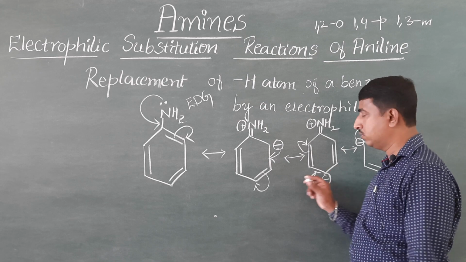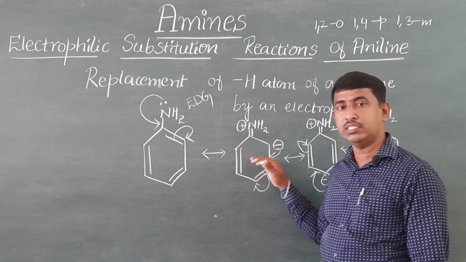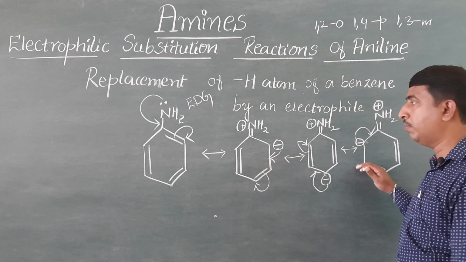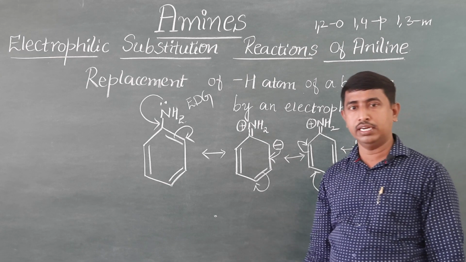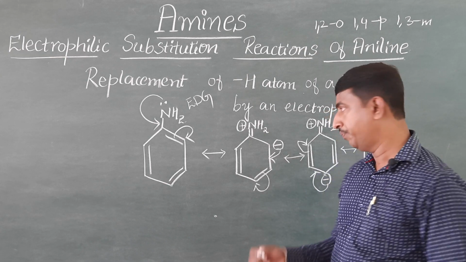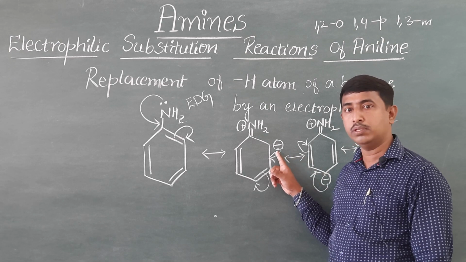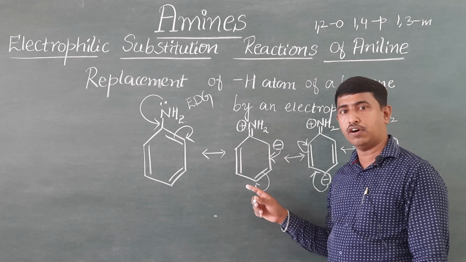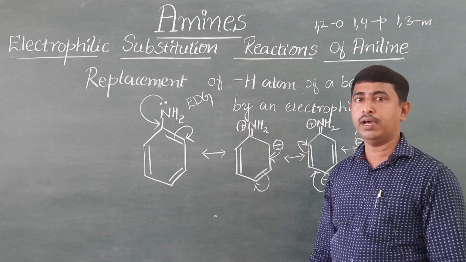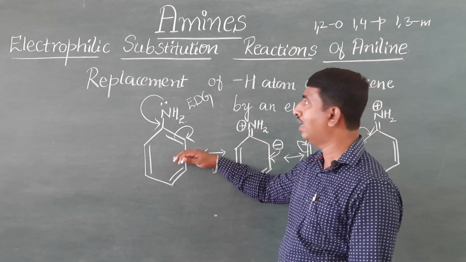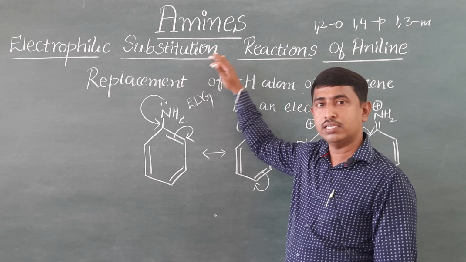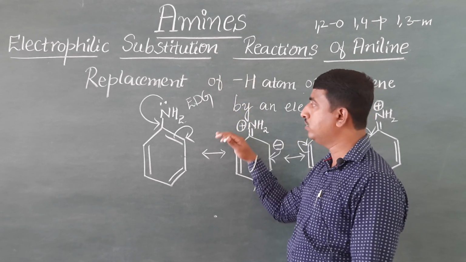So since electron density is more at ortho and para position, electrophiles, that is electron deficient species, can readily attack these positions, forming ortho product and para product. So aniline undergoes electrophilic substitution reaction. What is the reason?